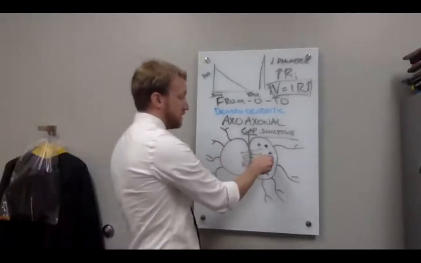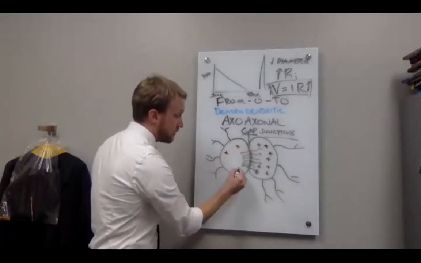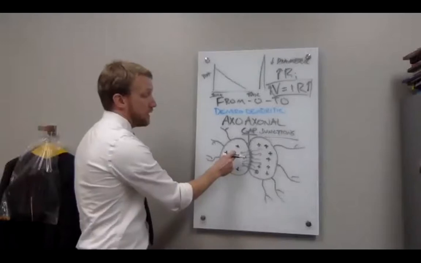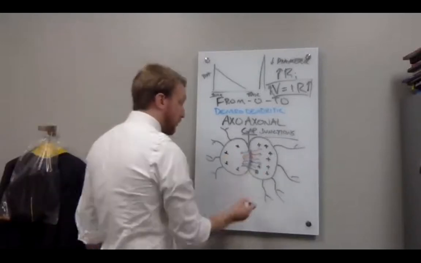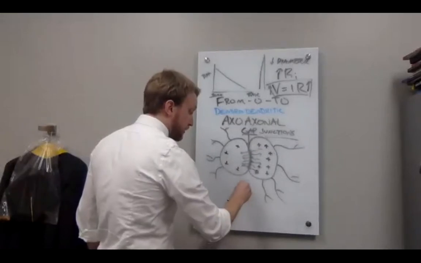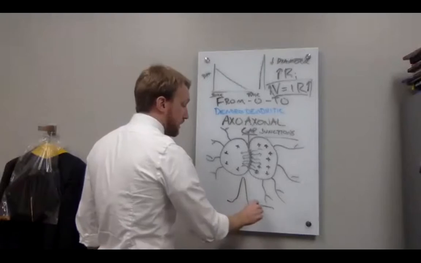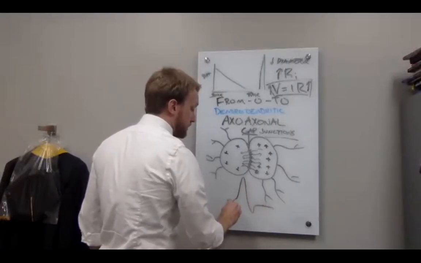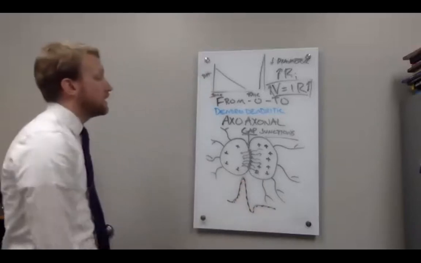When this cell starts to have a buildup of positive charge, that'll float on over and increase the positive charge in this cell, so that whenever one reaches threshold potential and fires an action potential, so does its neighbor. So they're going to act as a unit. We'll put our neighbor right over top.